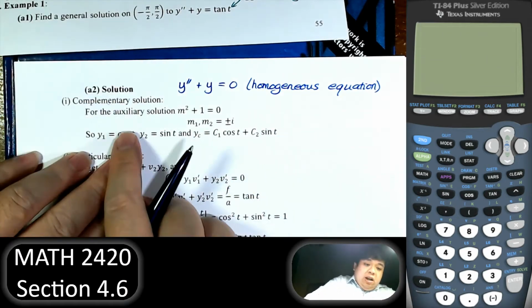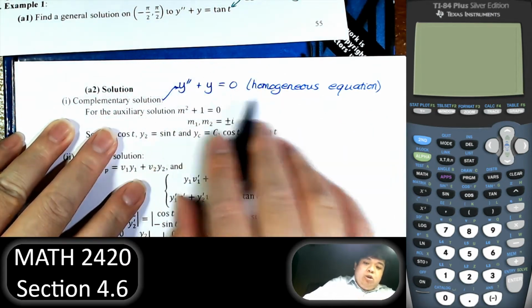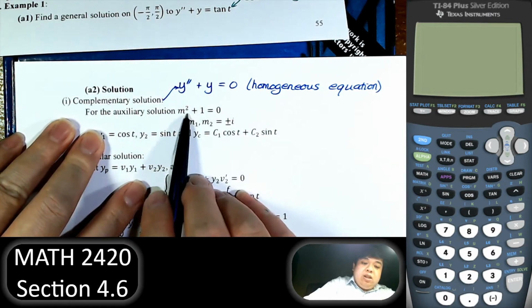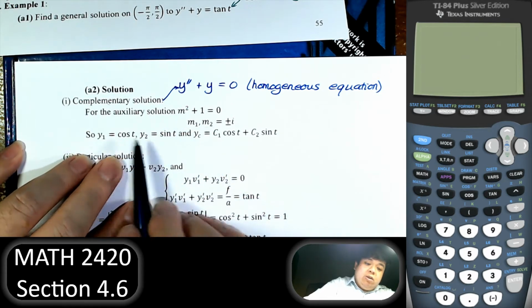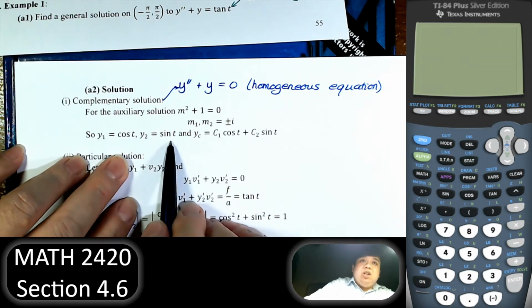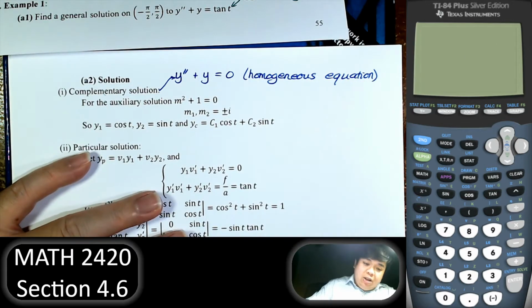And we can get, for the complementary solution, we go for the homogeneous equation. And because of that, we set up the auxiliary equation. So for those values, y1 is this, y2 is that. Right? Now, let me be a little more clear about this.